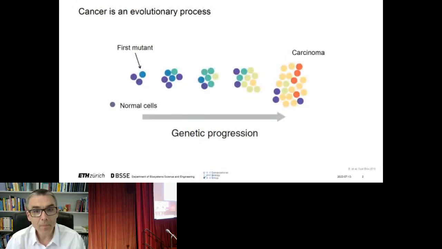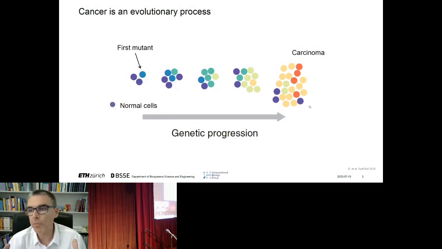And so the way we think of this process is simply that there are alterations occurring in individual cells that give these cells initially a proliferative advantage. And while these cells keep replicating, they can accumulate additional mutations indicated here by the different colors. And this process may eventually lead to the formation of a carcinoma.